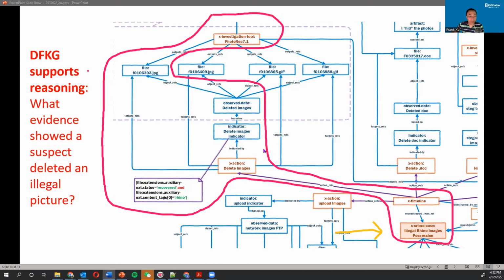The indicate object contains a pattern that explains the reason why we believe the suspect deleted an illegal image, because the examiner observed a picture, which is the file. The picture has a content tag with rhino. The rhino picture was recovered using a photo recovering tool named PhotoRec version 7.1.